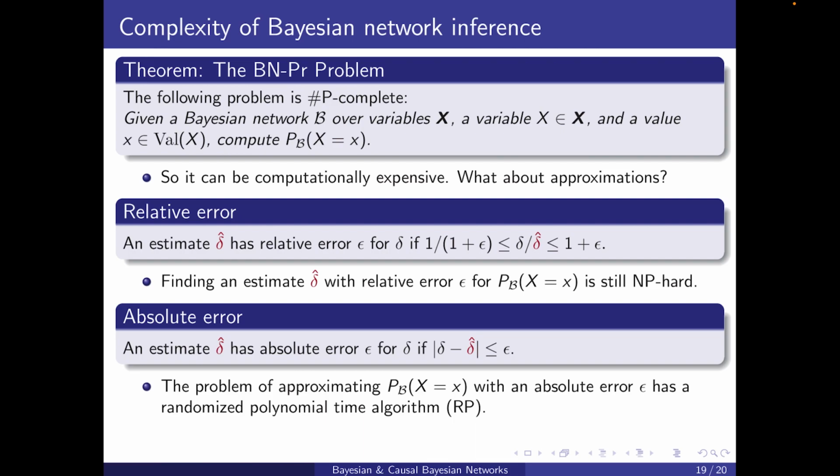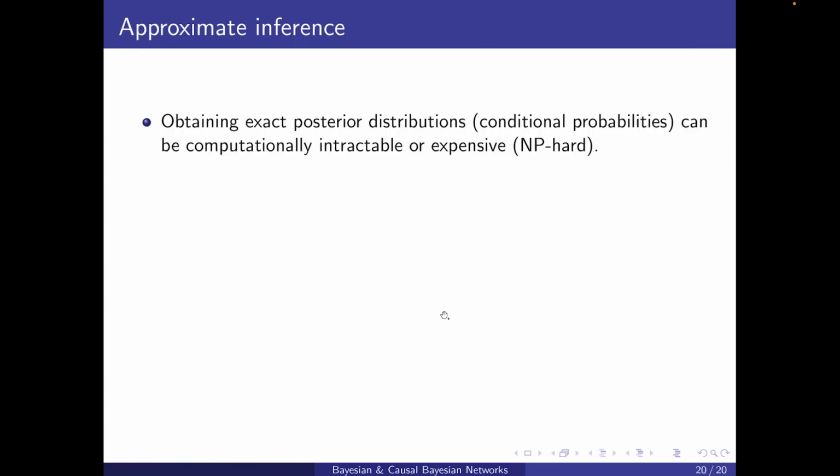This is good news. It's just that if evidence is added, say E or Z, then it again becomes NP hard. Okay, so a mixture of, I would say, good and bad news, but we learn how to do things systematically, and if we're interested in approximations, these are the complexities.